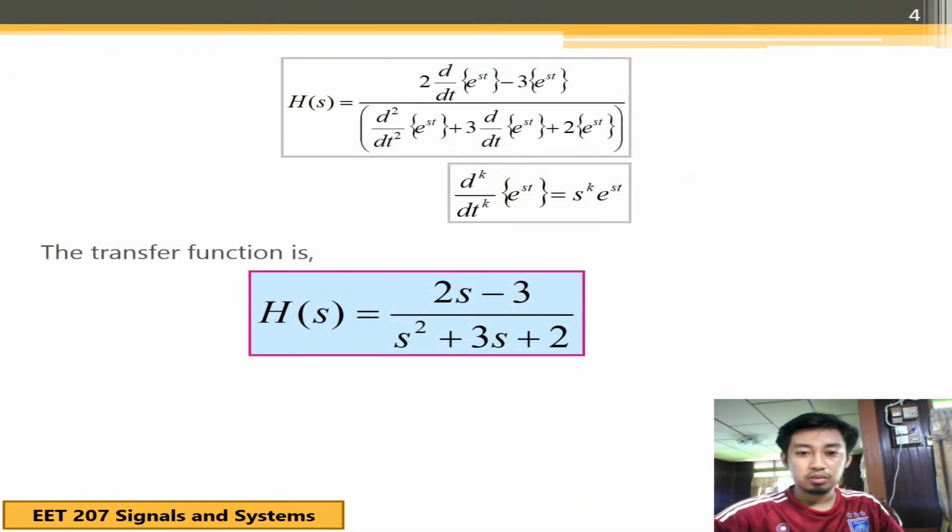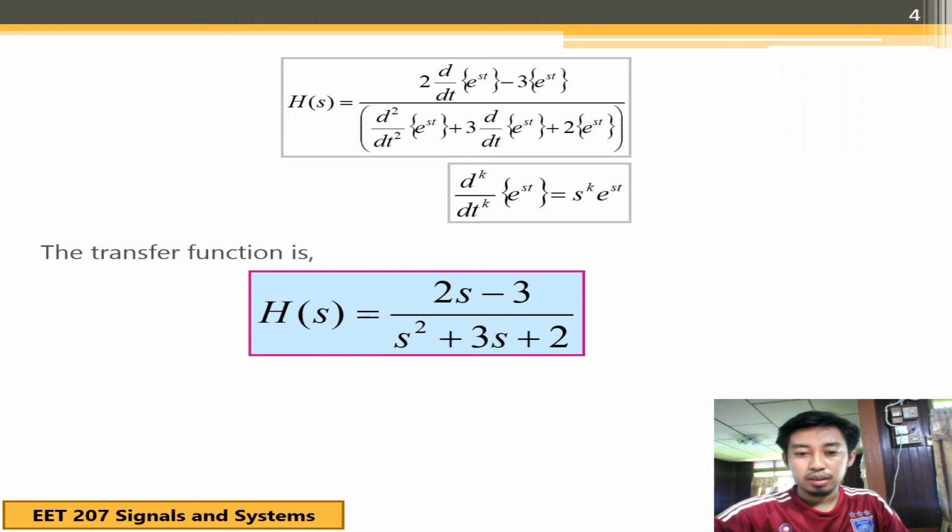You just follow back what b is and what a is. So you can get the final answer: (2s minus 3) over (s squared plus 3s plus 2). You got it?